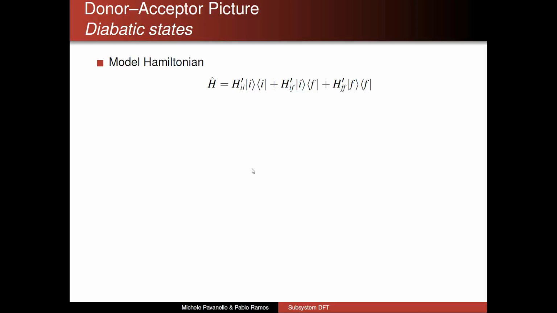And then for the final state, you generate a state which has charge localized on a region of space that you call final state. So we can achieve that in many ways, as we have seen in the first slide. One of them would be constrained DFT, in which you simply constrain the charges on the region of the initial state, or on the region of the final state.